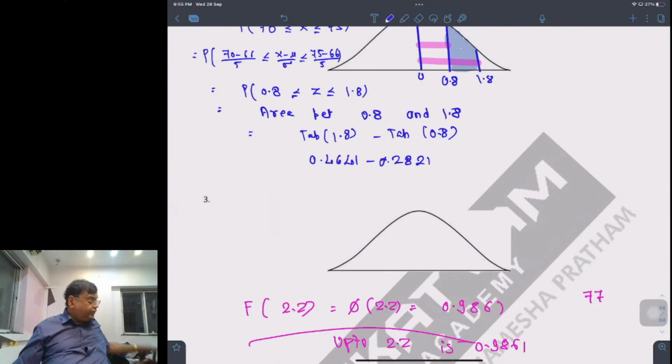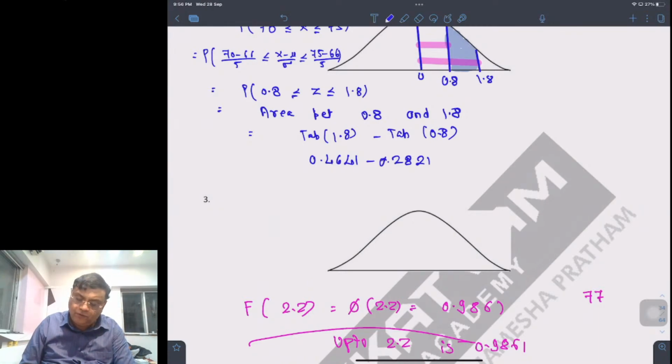Whatever answer you get, that would be the area that you want. That will be the probability that you want. So how much does it come? 0.4641 minus 0.2821 comes to be what? 0.182.